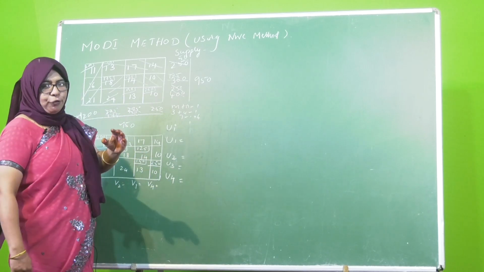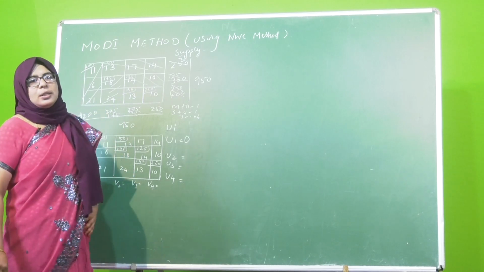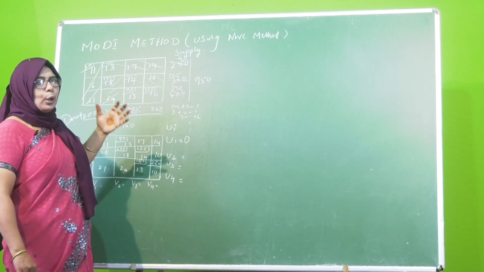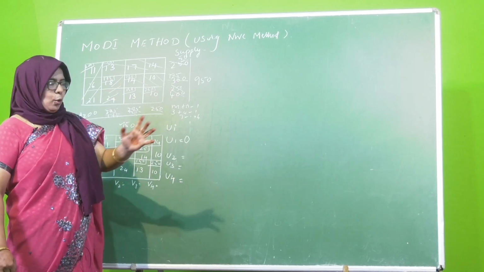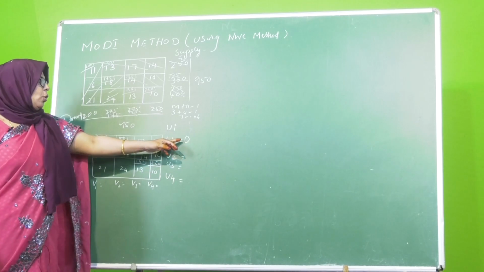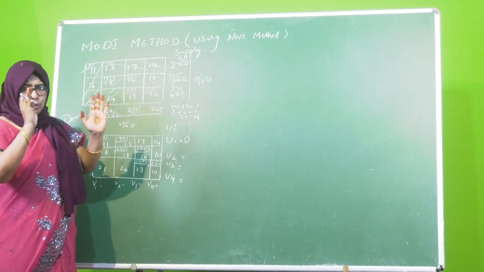First of all, by default we take U1 equal to 0. In any problem we have to assume that U1 equals 0, so you know only that value.